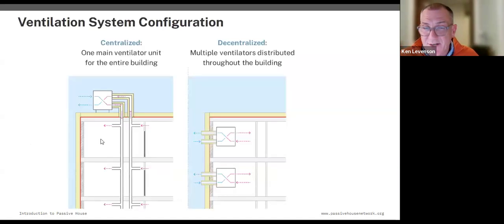It could be centralized or decentralized. So in bigger buildings, we're typically going to have a centralized unit and distribution through the building. If it's a single family home or apartments or units of some kind where they want that unit by unit separateness, it can be done that way too.